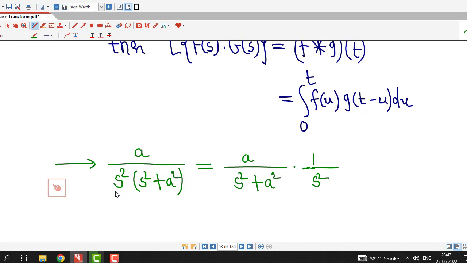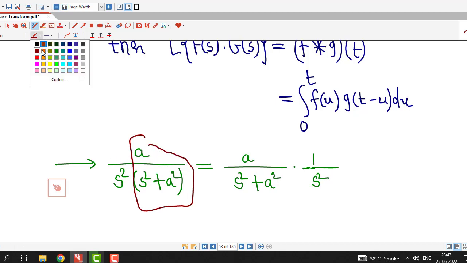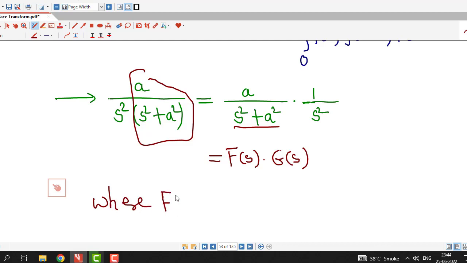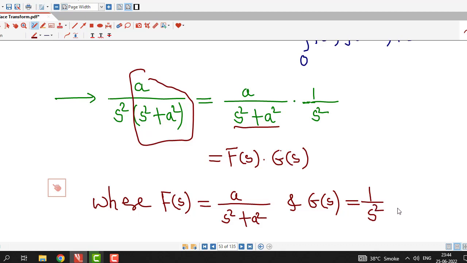I consider the first function as capital F of s and the second as capital G of s. So capital F of s is taken as a divided by s square plus a square, and capital G of s is considered as 1 divided by s square.